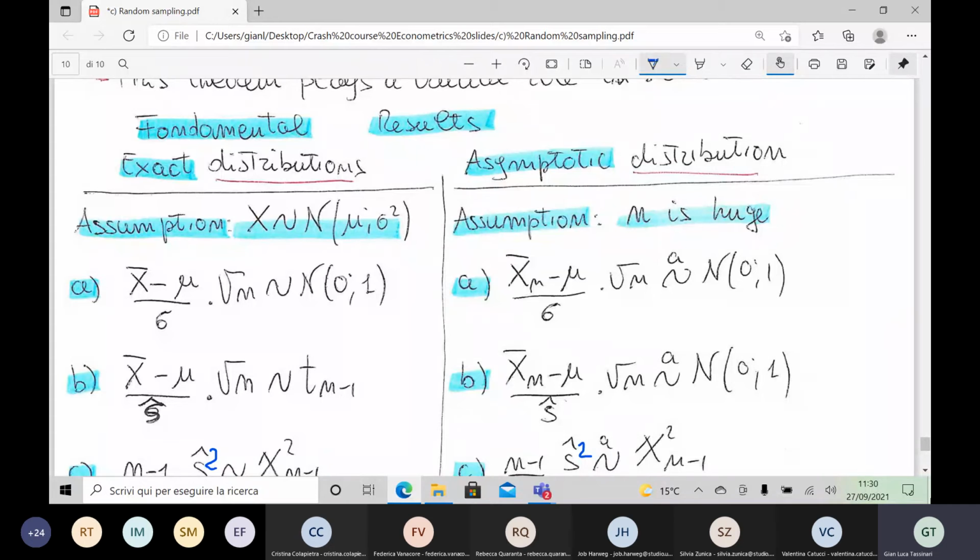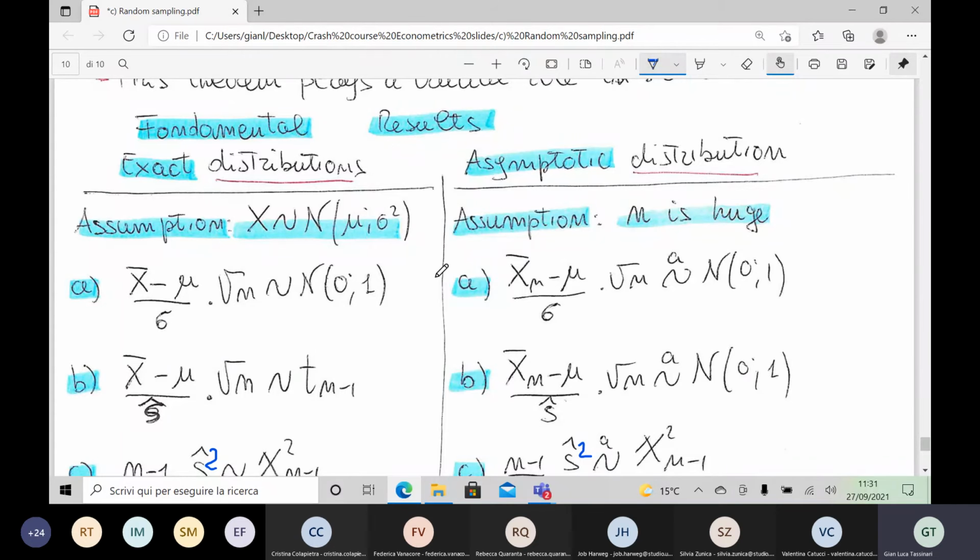In particular, I built the table in this way. For each fundamental result, I reported both the exact distribution, in the first column, and the asymptotic distribution. In the asymptotic distribution, I provided the results whose proof is based on the central limit theorem. In the first column, instead, I reported results based on the assumption of normality.